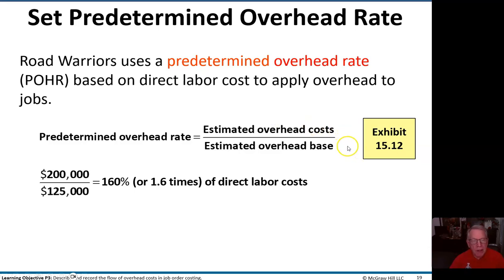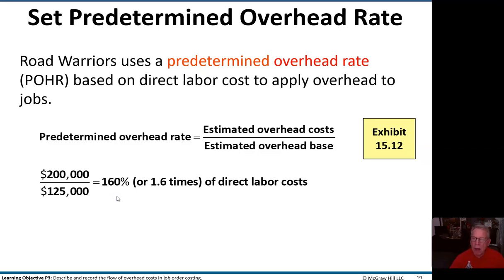We divide that by the estimated overhead base, in this case, direct labor dollars that we expect, usually over the year. Now, we think that we're going to have overhead costs of $200,000 and we're going to have $125,000 of direct labor costs, which comes out to 160%.